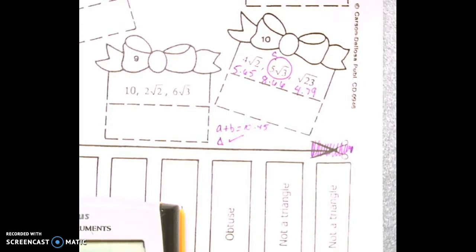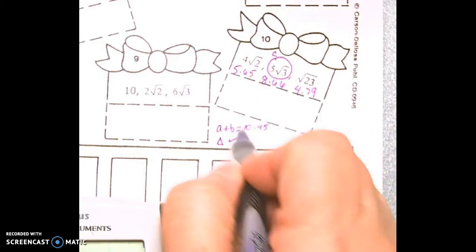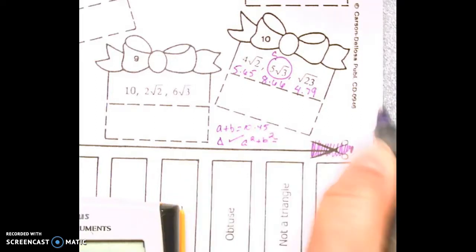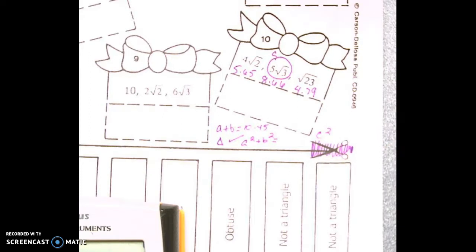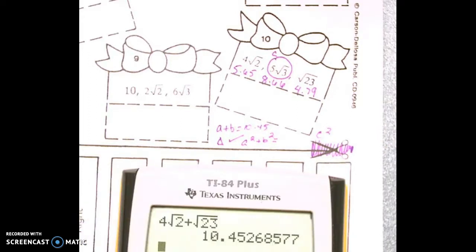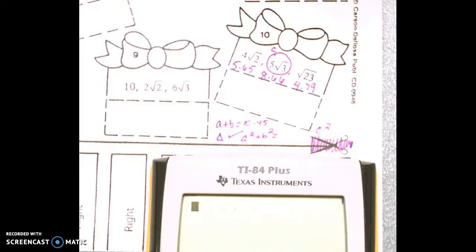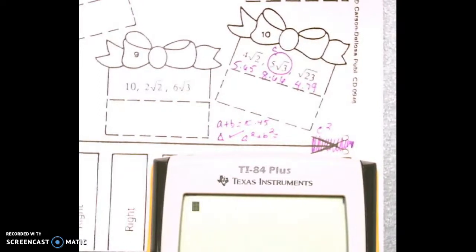So now I want to compare my A squared plus B squared to my C squared by itself. And again, I don't want to use decimal approximations. I want to use the actual radical form. So I'm going to use parentheses around that. I want to take my A squared.